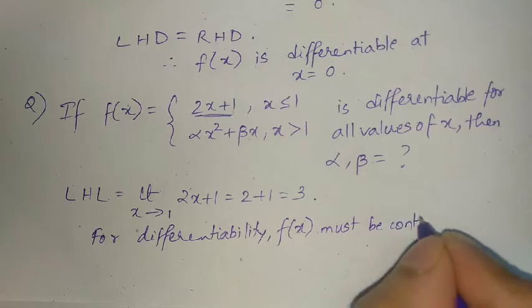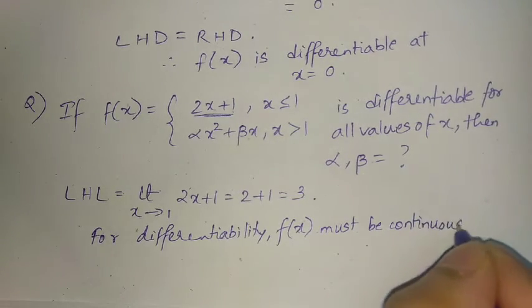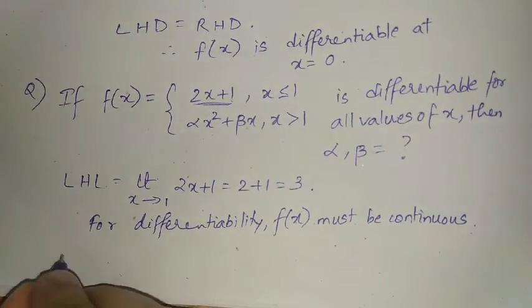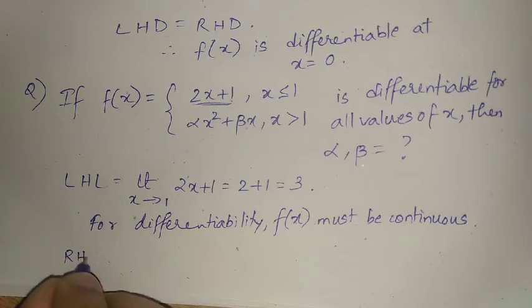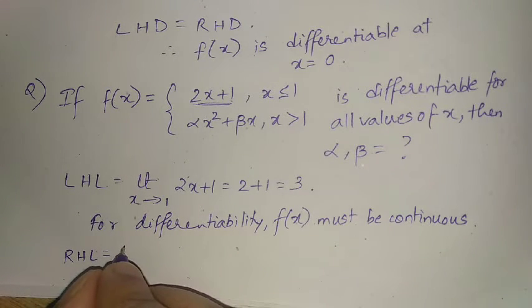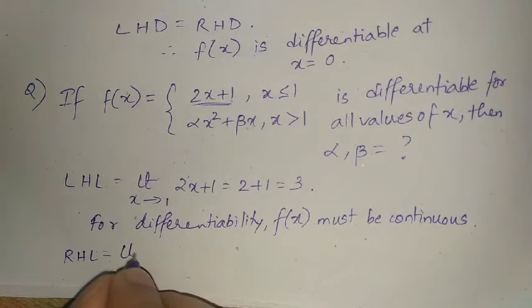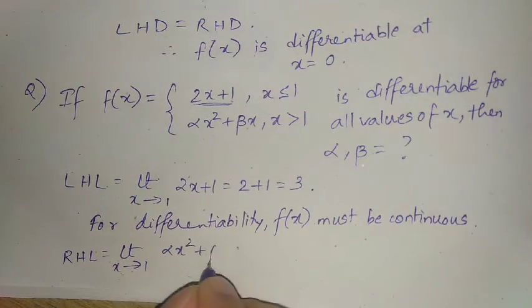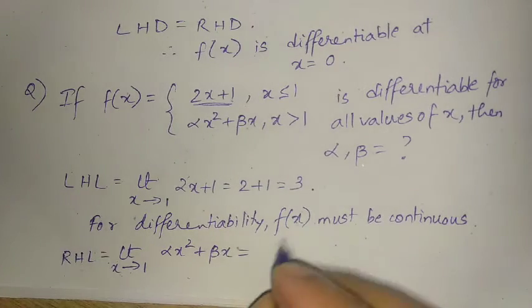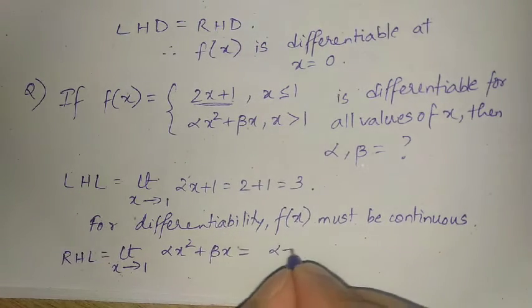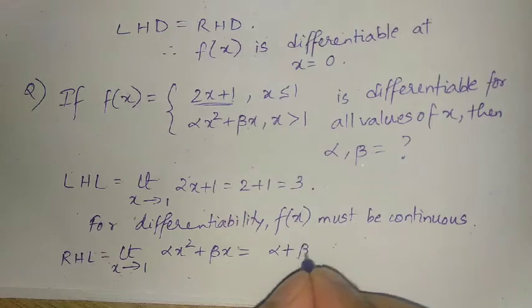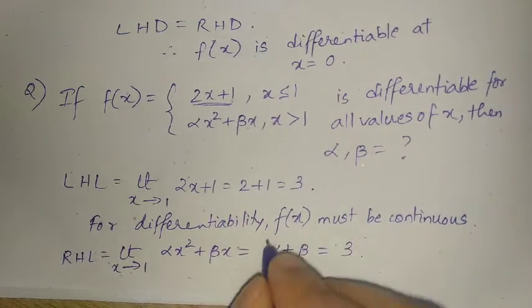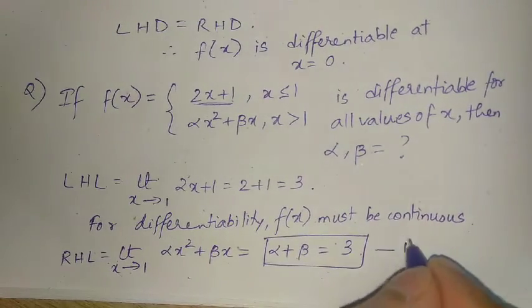So the right hand limit must be equal to the left hand limit. Right hand limit is limit x tends to 1 alpha x square plus beta x, which is equal to alpha plus beta, which is equal to 3. This is one equation.